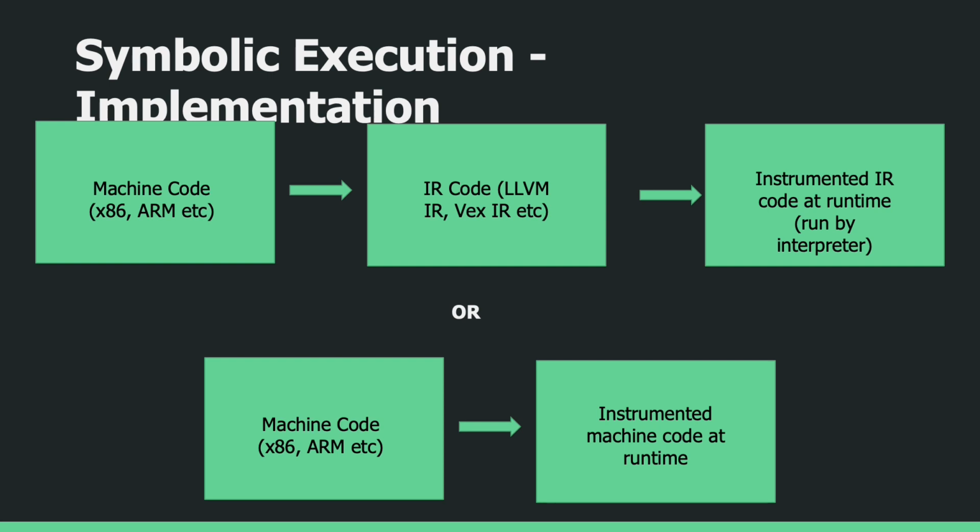Now, as you might have noticed, even though the second one is faster, both of these approaches are done at runtime. That is, every time the program is re-executed, all of this process has to be done. All the instructions have to be instrumented, the constraints have to be extracted, and that's how the process works.